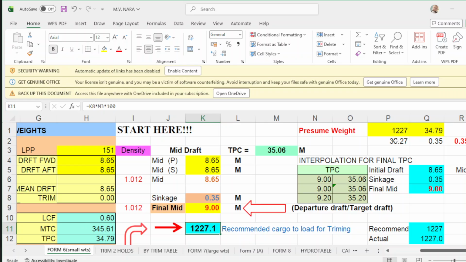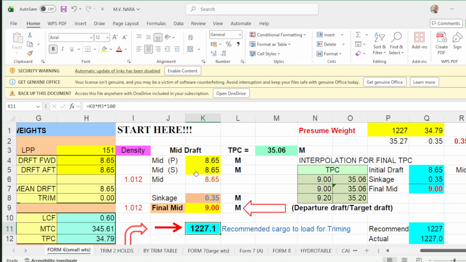So your present weight recommended to load for trimming is 1227 divided with your TPC of 34.79, that will be 35.27. Divide this one with 100, that will be 0.35. So this will be your sinkage.